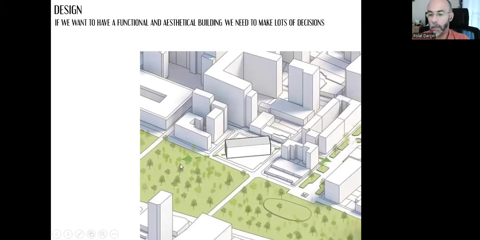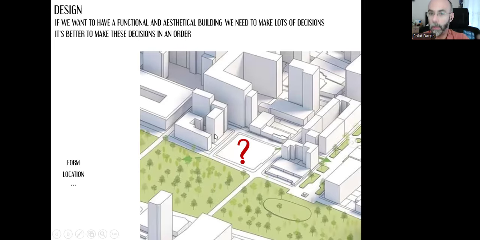Since there are lots of things to be decided, like the form of the building mass or masses, or spaces, their positions, their locations, their directions, and how they are going to be related to each other, it'll maybe be easier for us to make these decisions in an order, step by step. And of course, at the beginning, we need something to step on. We need some sort of base to make all these decisions.